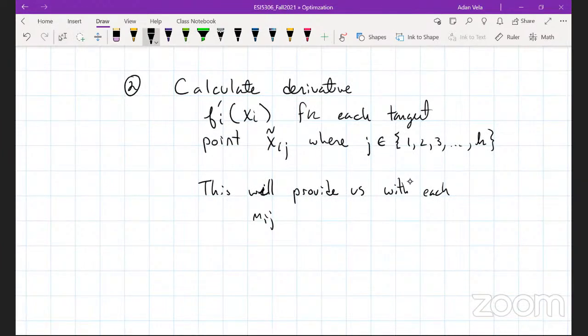Or more specifically, mij is equal to the derivative calculated at the tangent point. Okay. So now we have our slope.